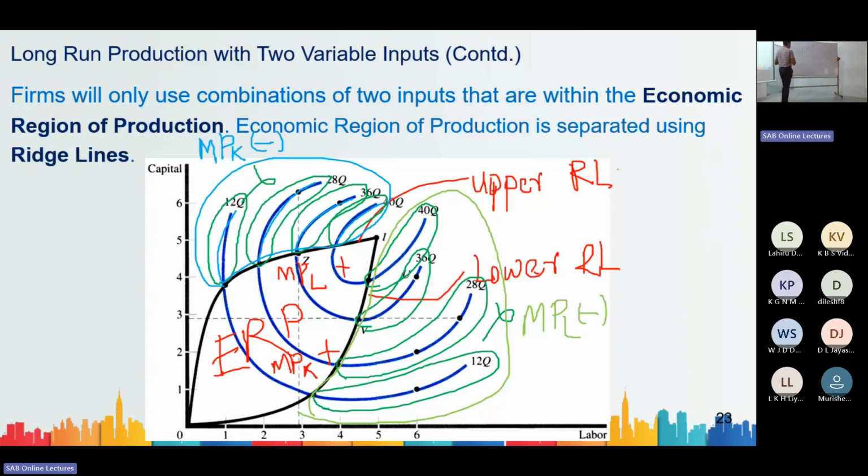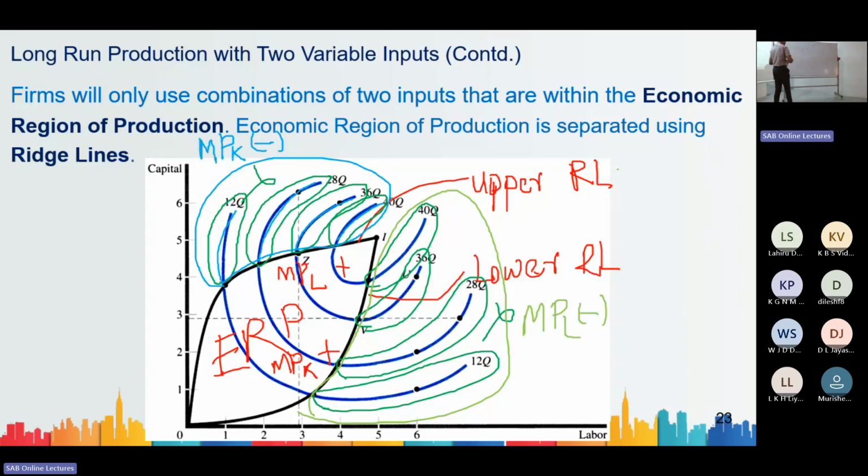Or in other words, by combining the points where the marginal rate of technical substitution is infinite.